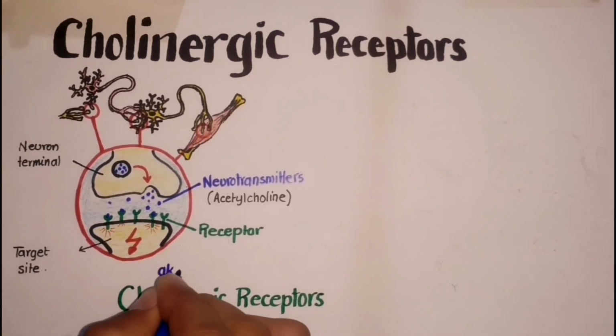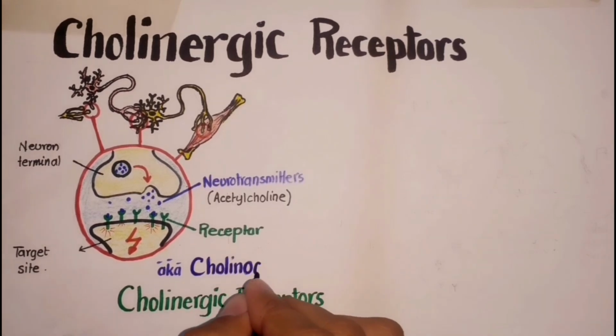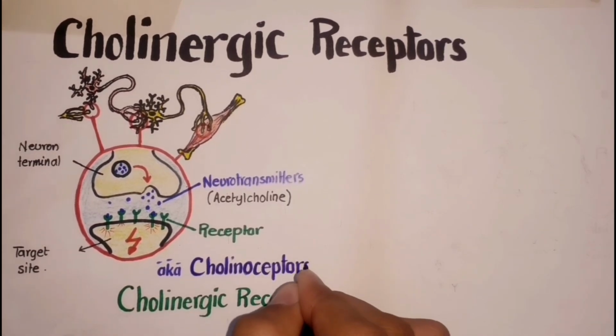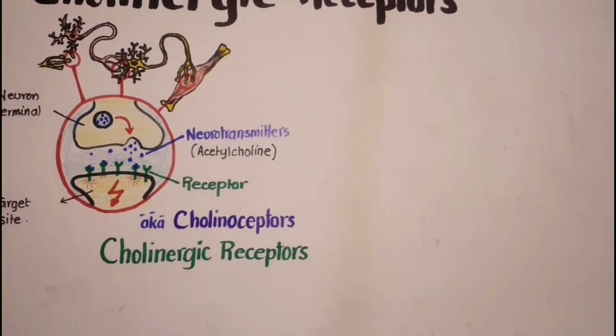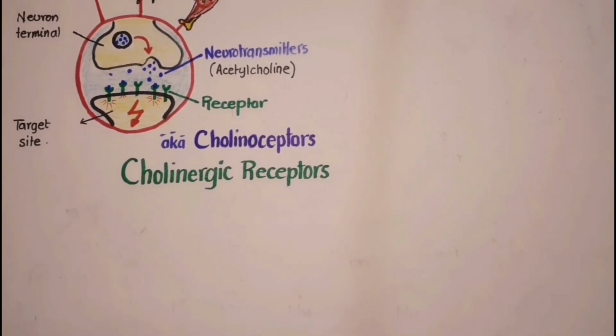These receptors are also known as cholinoceptors. We have plenty of cholinergic receptors in our nervous system and throughout our body. In all, these receptors are not the same structurally and functionally, as these receptors are not limited to a specific site in our body.